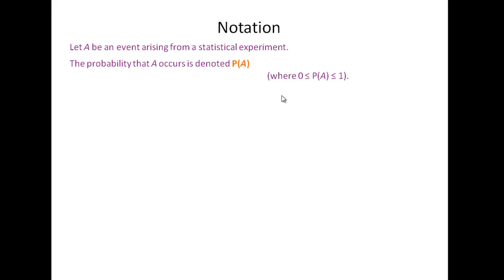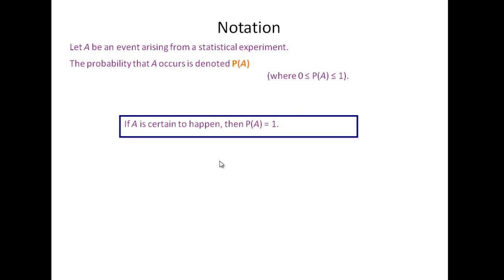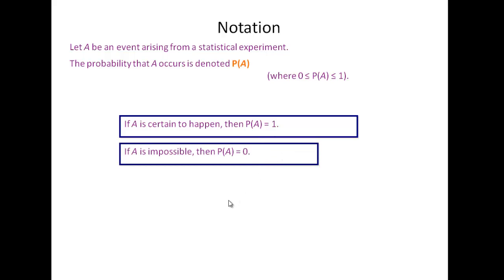The probability of any event is between 0 and 1, where 0 is impossible and 1 is certain, and all the other probabilities fall in between. So the closer to 1, the more likely it is that the event will happen. If it's certain to happen, then the probability of A is equal to 1. If it's impossible, then the probability of A is 0.